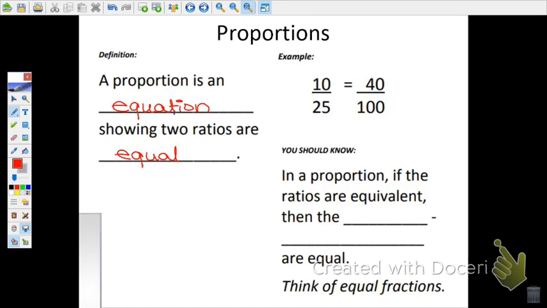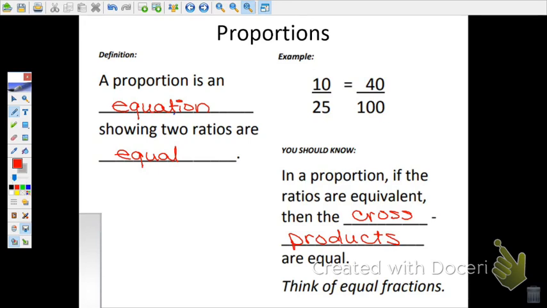On the you should know section, it says in a proportion, if the ratios are equivalent, then the cross products are equal.